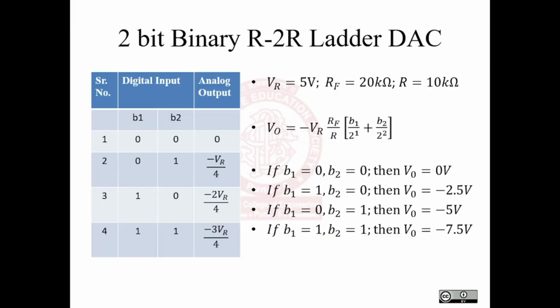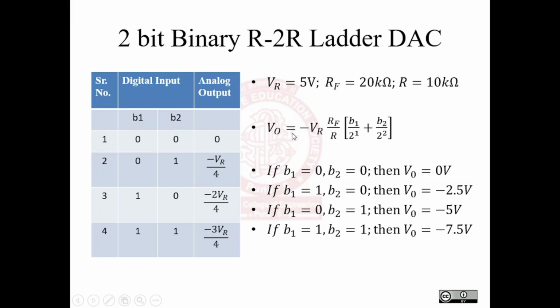From this diagram, we can see that VO is minus VR into RF upon R in the bracket B1 upon 2 raised to 1 plus B2 upon 2 raised to 2. We will see in the next slide how this comes. Here we have taken the reference voltage as plus 5 volt, RF as 20 kilo ohm, R as 10 kilo ohm.